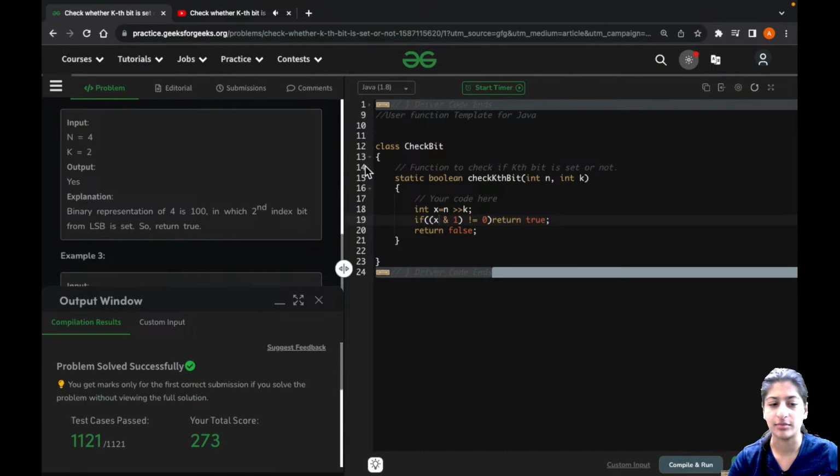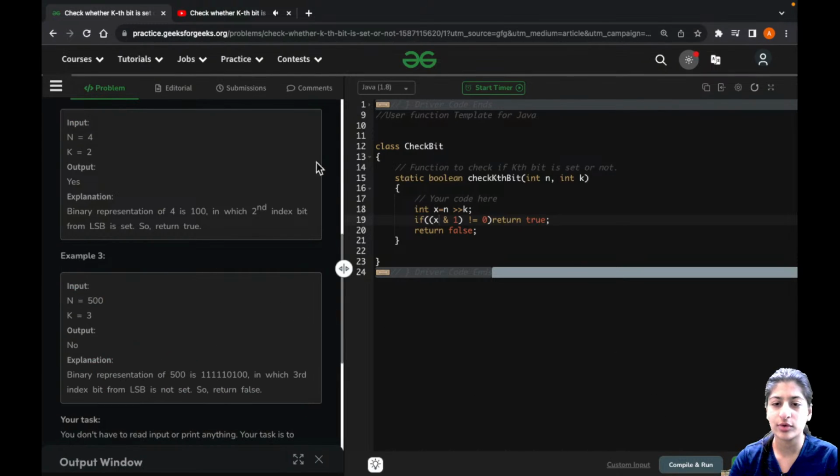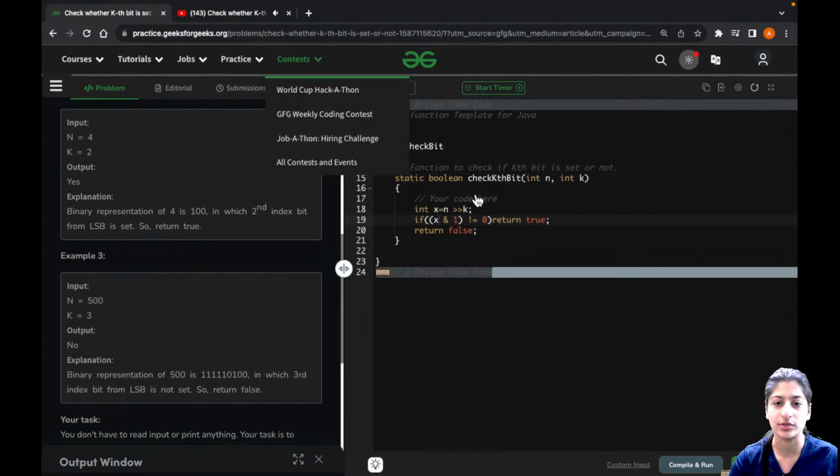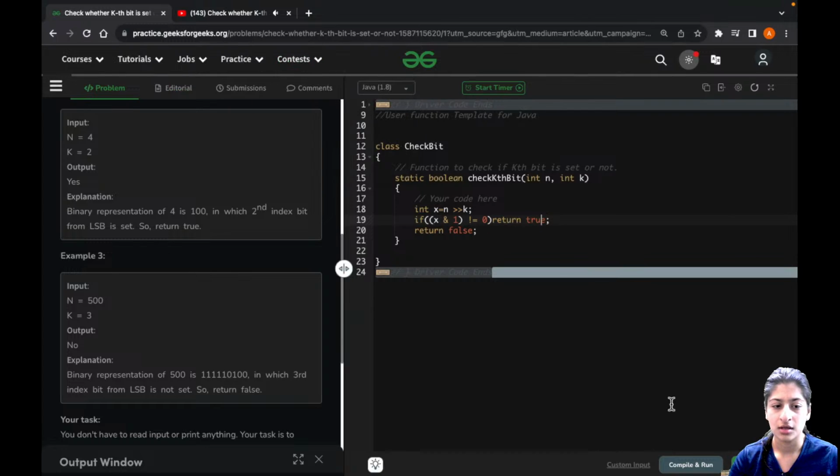So that's the second approach, and we check not equal to 0. So we are done with this question. If you have any doubts, you can ask me in the chat. That's all.